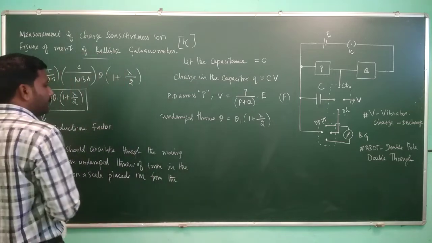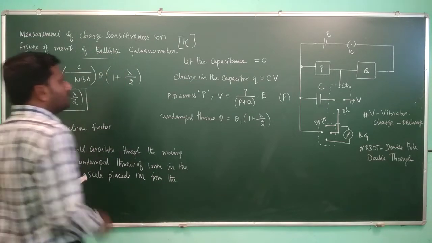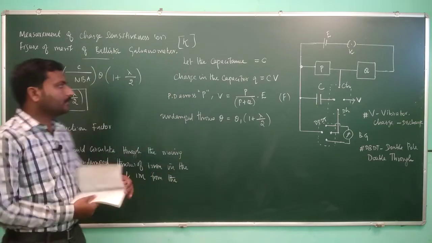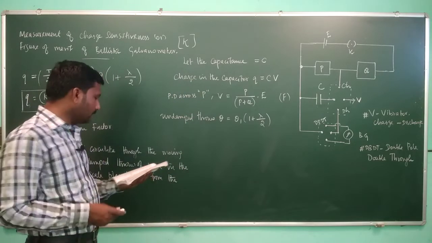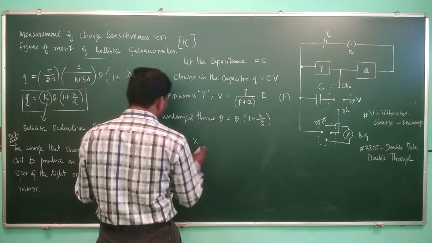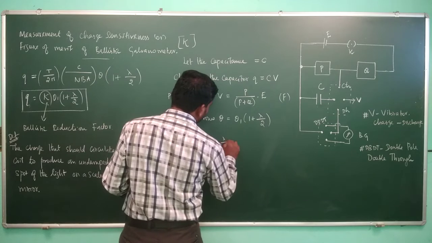Now we can write, right, this charge is used to create this undamped throw. So this charge and this undamped throw are both equal, so that the equation for undamped throw is K theta 1 plus lambda by 2.